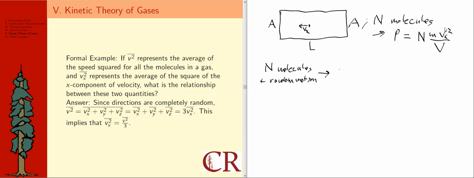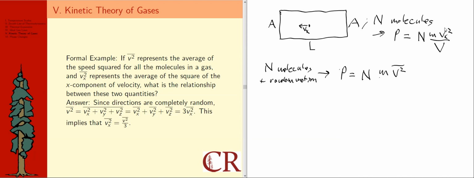They're not just moving around like in a random path. They're all still moving in straight lines until they collide with a wall. But you add those two things together, and maybe what should happen here is I would get pressure equal to n times m, and then replace this v sub x squared with just v squared, and we'll put that bar over it.